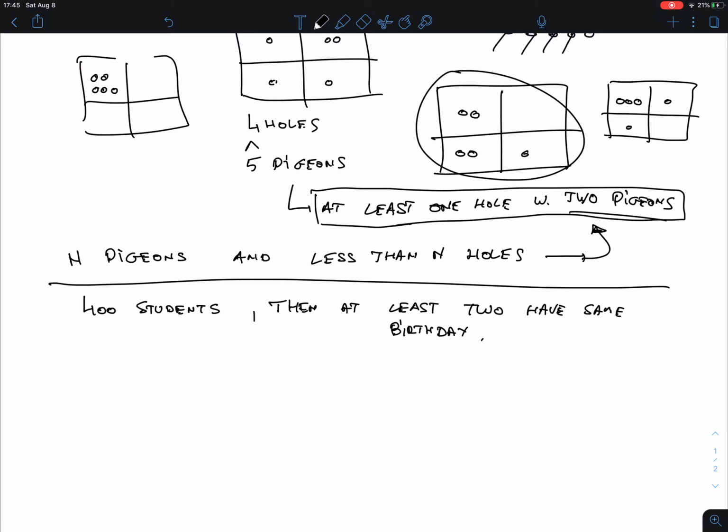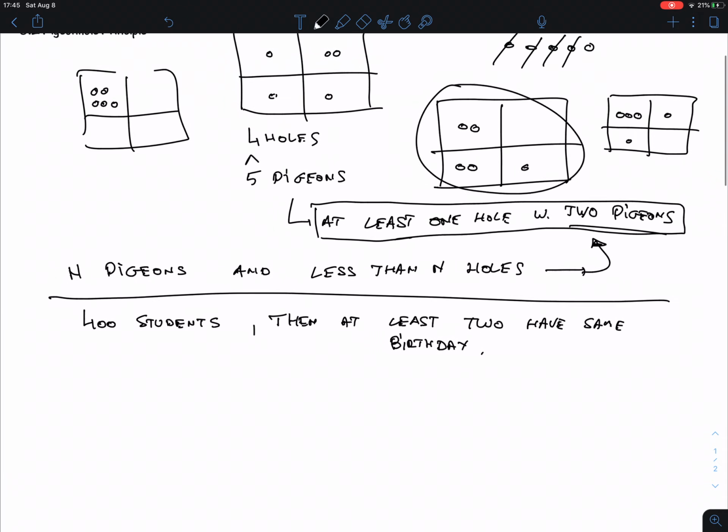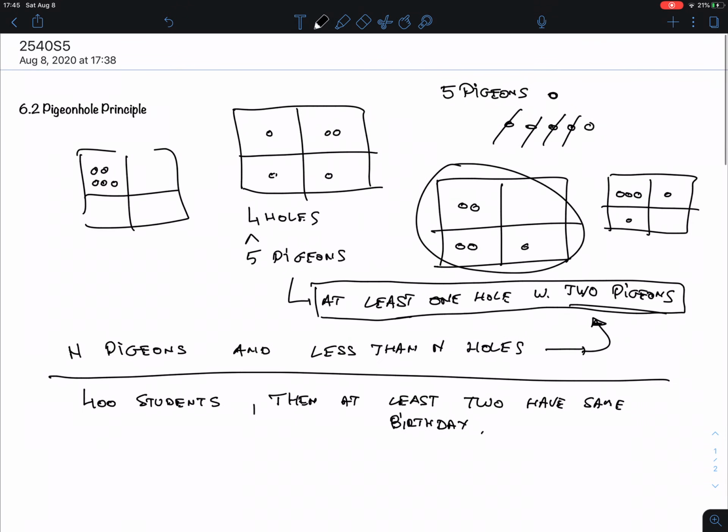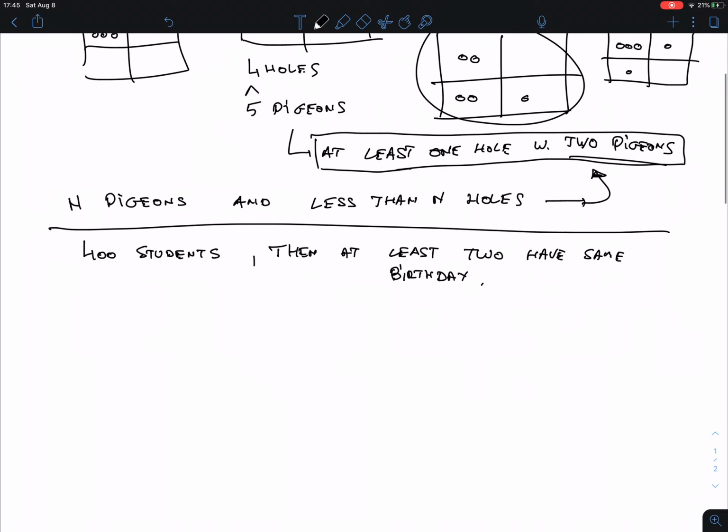So how do we analyze this? Well, of course, there are no pigeons here and there are no holes here. So what we're going to do is talk about the pigeons between quotes, and the holes between quotes. And then we just have to say, what are they? In this case, what are the pigeons? Well, those are the students, right? And what are the holes?